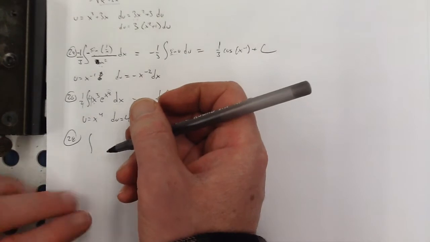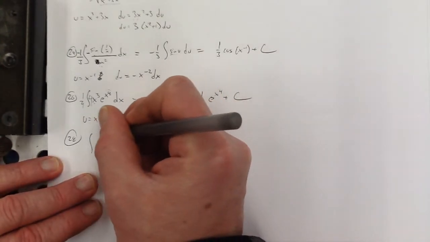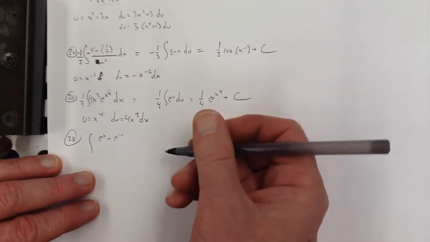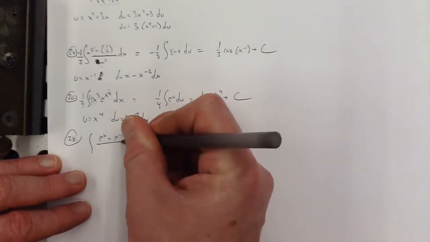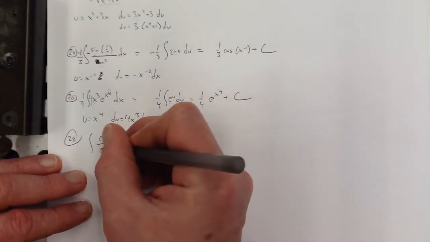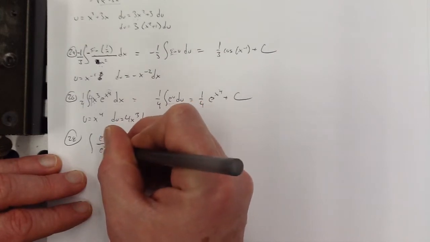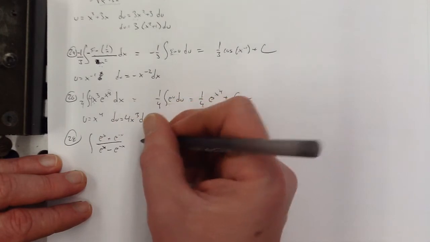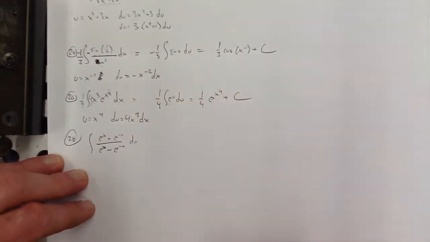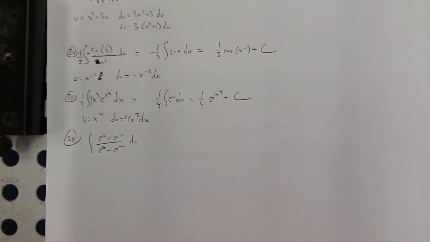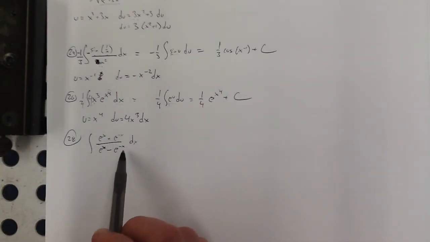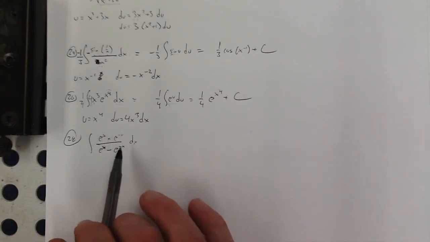Here's one that looks not so simple. All right, here's a hot tip for you. If you're looking at something like this one, and you really don't know what to do here, I'll tell you what, if you just made u equal to e to the x or e to the negative x or something, it's not going to work.